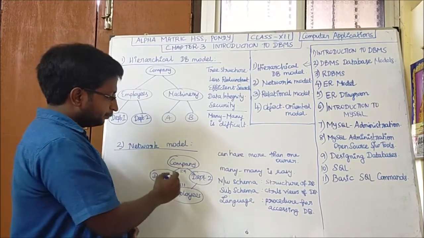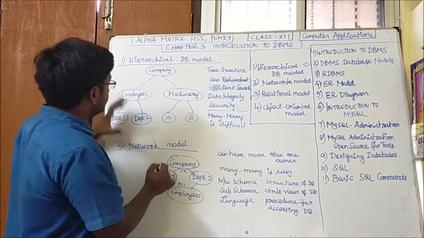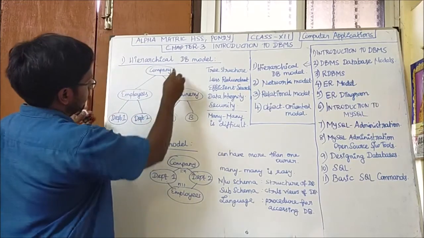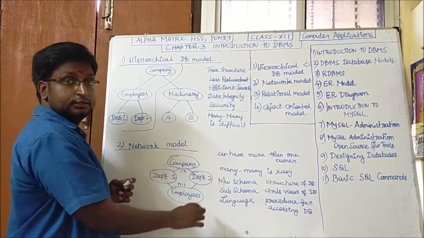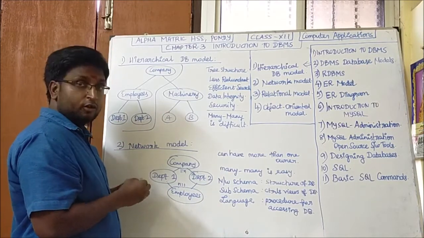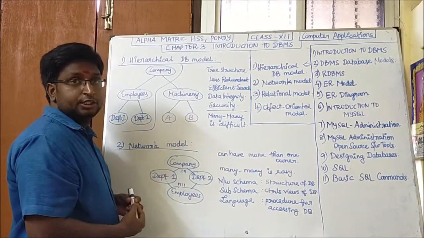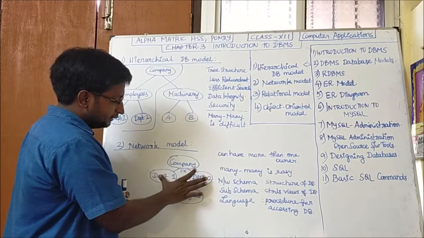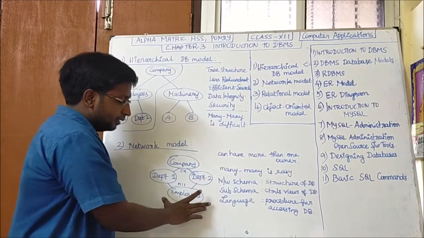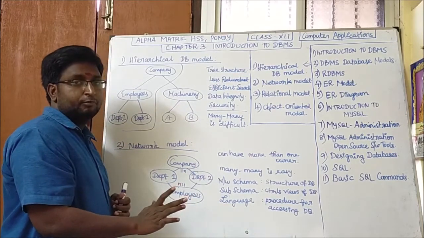Say for example, here the company, the same table. I have rewritten this like this for creating the many to many relationship. So the company has so many departments, and the departments will be having a set of employees.